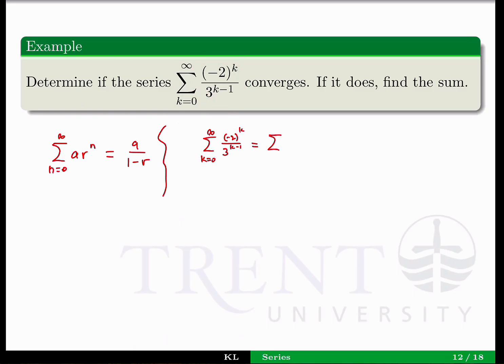You can rewrite this as the sum k from 0 to plus infinity of 3 times negative 2 to the k over 3 to the k. Of course, if you bring this down to the denominator, it will be 3 raised to negative 1. 3 to the k times 3 to the negative 1 will give you 3 to the k minus 1.